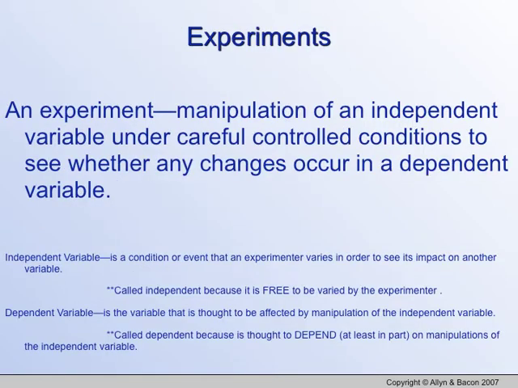Okay, so let's get a little further into experiments. Experiments are done where the experimenter controls everything. It's a manipulation of an independent variable under carefully controlled situations to see whether any changes occur in the dependent variable. Just to clarify, an experimenter creates and formats an independent variable.